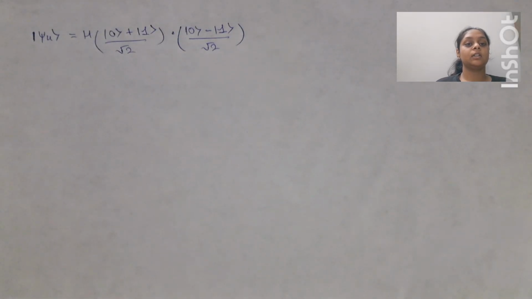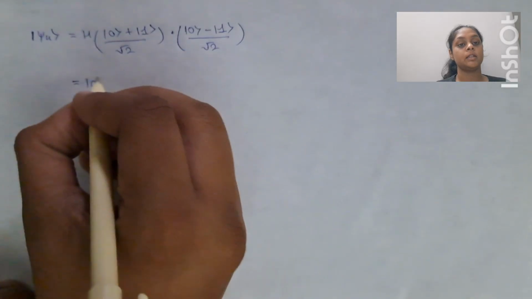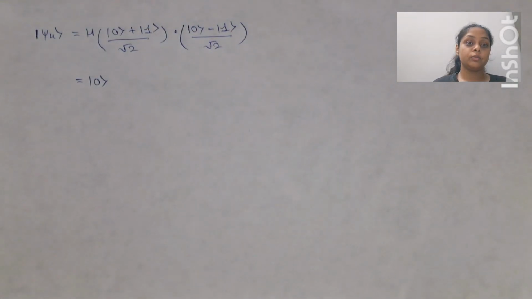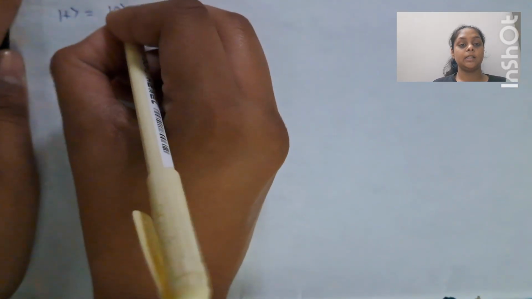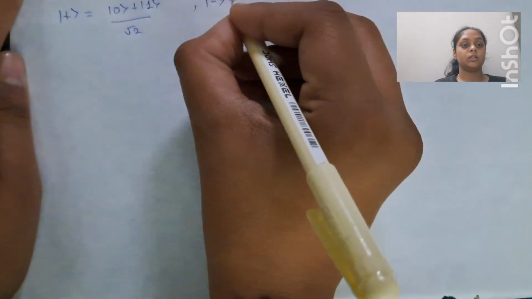Now applying Hadamard gate to the |plus> state, we get |0>. Therefore, when we measure the first qubit, we will get |0> with 100% probability. Here, |plus> is equal to (|0> plus |1>) upon root 2 and |minus> is equal to (|0> minus |1>) upon root 2.